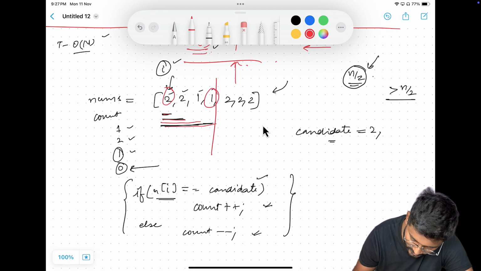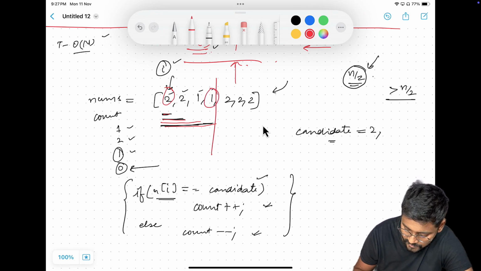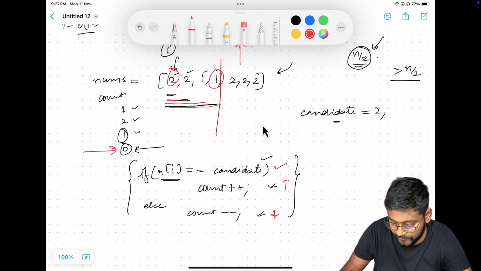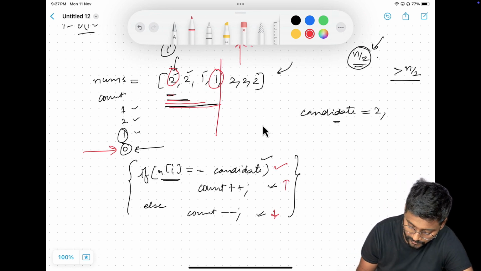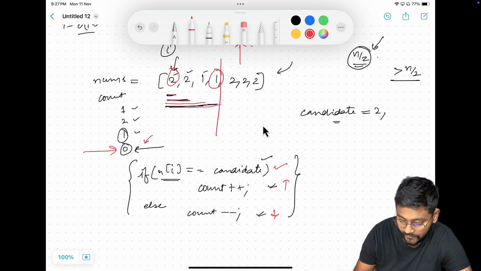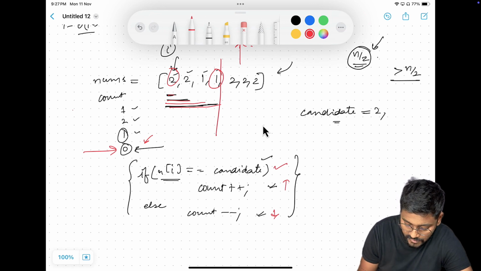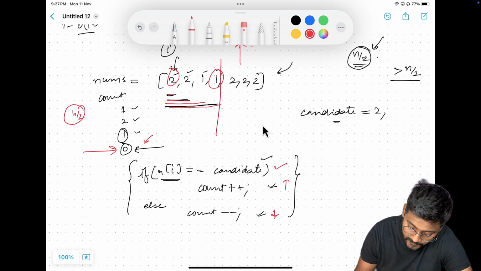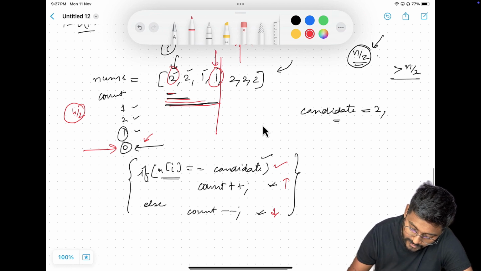But at this moment I realize that the count has become 0, because when the element is equal to the candidate, the count is increasing, and when it is not equal to the candidate, the count is decreasing. So after 4 elements, I have come to know that its cumulative count is 0. It means that this element is coming n by 2 times, and we cannot move ahead with this element. So we will update our candidate.